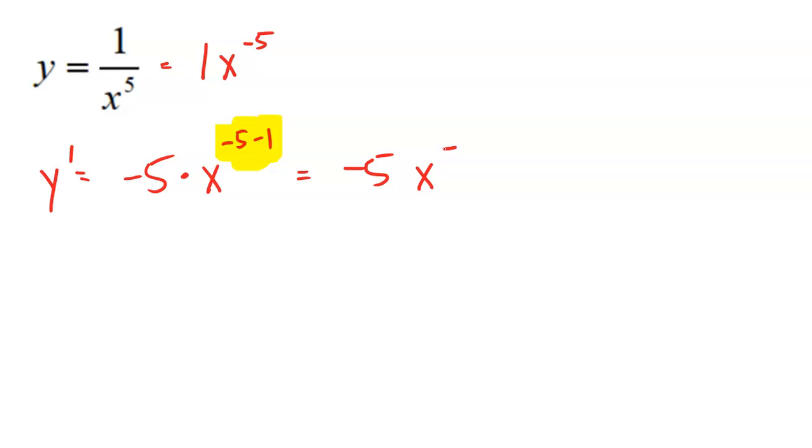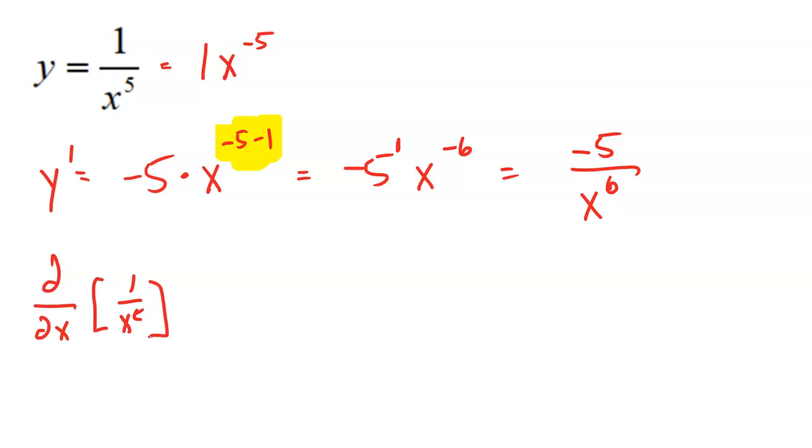I know negative 5 minus 1 is negative 6. Now, here's where I don't want to leave a negative exponent in my final answer. So I'm going to leave the negative 5 on top because there's nothing wrong with the negative 5. The negative 5 actually has a positive 1 exponent, so don't move that negative 5. It's the x that's going to move to the bottom where it can have a positive exponent of 6. So the derivative with respect to x of 1 over x to the 5th is negative 5 over x to the 6th. Easy, easy, easy, easy, easy.